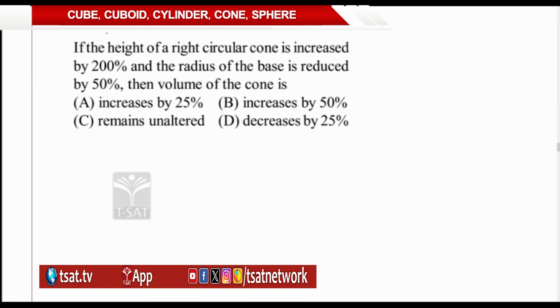Next one, if the height of right circular cone is increased by 200%, which means you are actually making it 3 times of the height, and the radius of the base is reduced by 50%, then the volume of the cone.